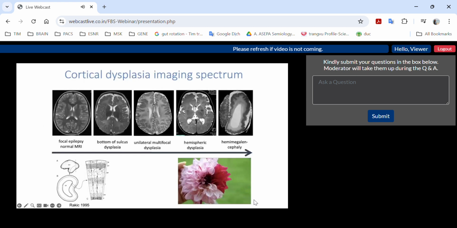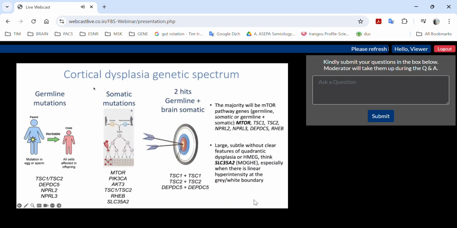Now, just to summarise in the last few slides, there's a large imaging spectrum from FCD, going from either normal imaging to very small lesions, all the way out to hemispheric lesions. There are different genetic mechanisms of germline mutations, particularly in the TSC genes or the members of the GATOR1 complex.